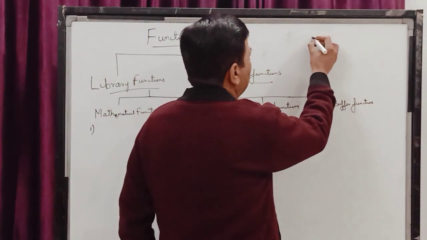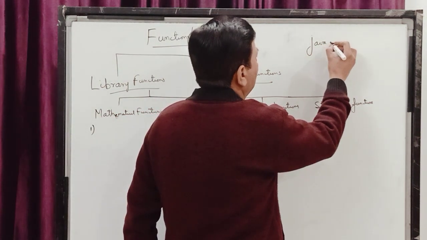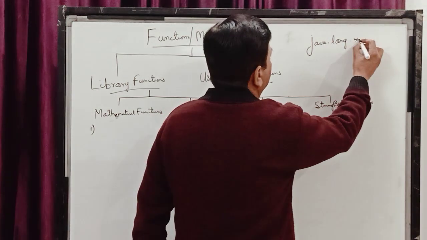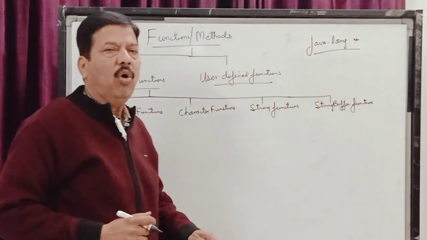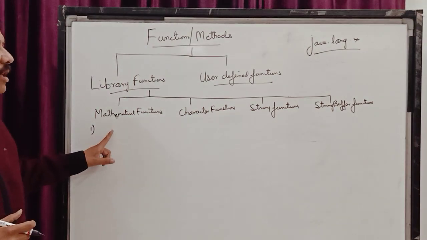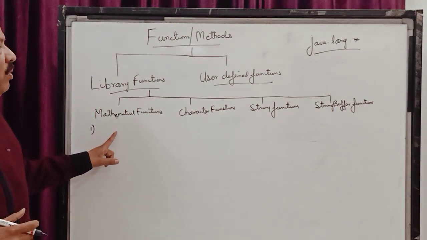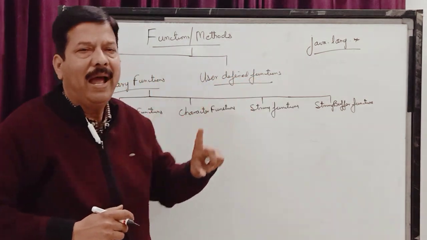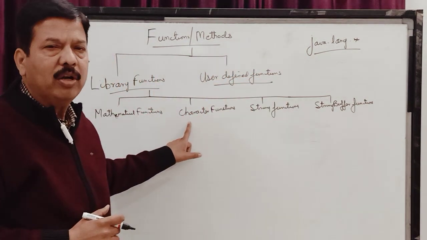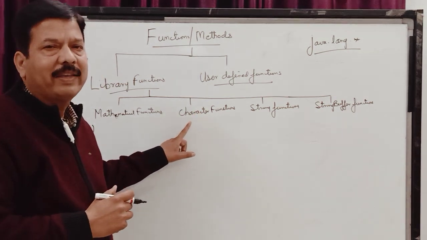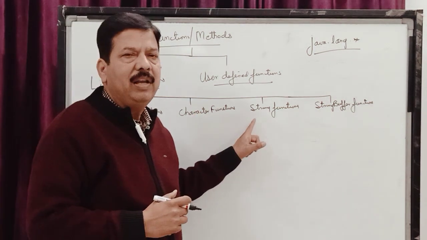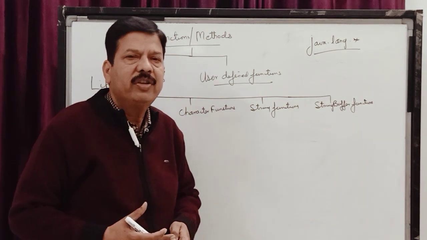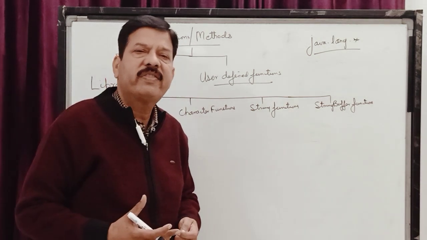So all these functions are available to us in a package called java.lang.*. The mathematical functions are available in the class Math under package java.lang. Character functions are available in the class Character, and string functions are available in the class String. In the same way, string buffer functions are available in a class called StringBuffer.